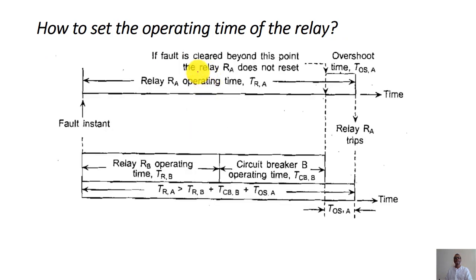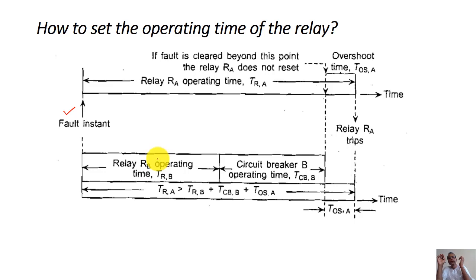Let us see then. Let us say this is the fault instant, where the fault is initiated. As soon as the fault is initiated, let us say at section BC, relay B will respond to this instantaneously.